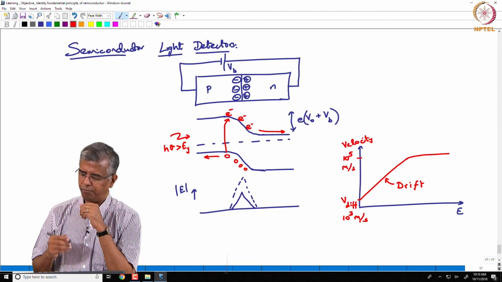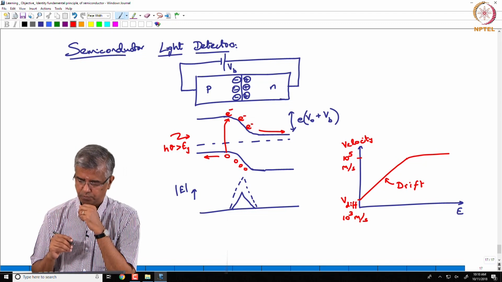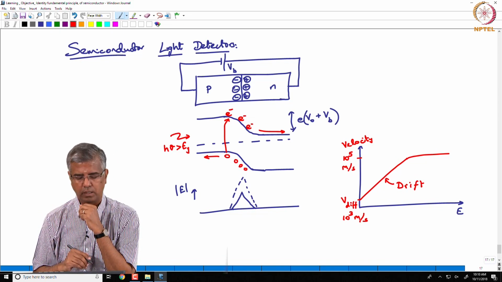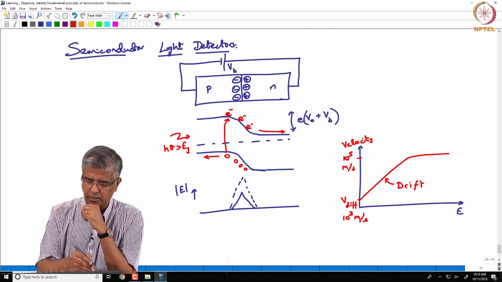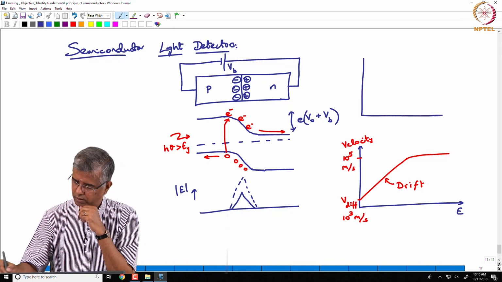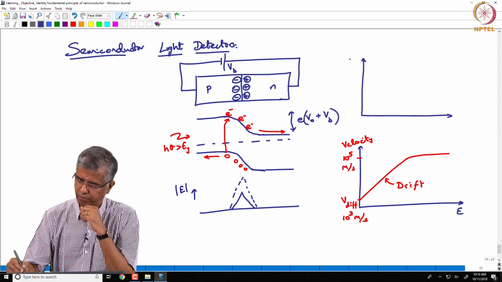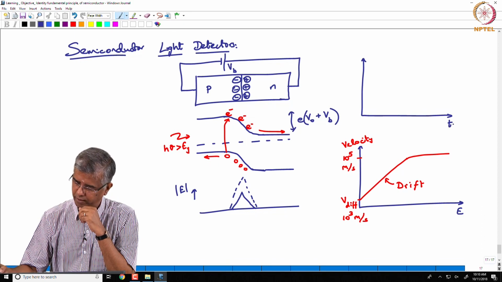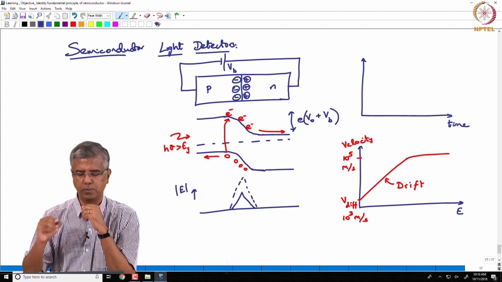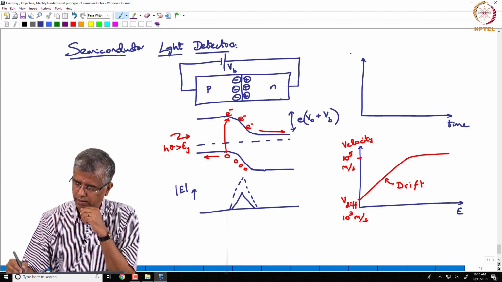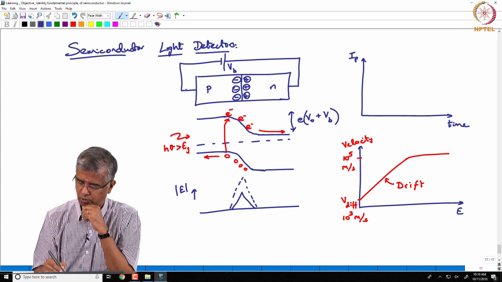Now, what is the effect of that on the response of this photodiode? The effect we can look at in terms of time, the temporal response. So, let us say this is actually the photocurrent.